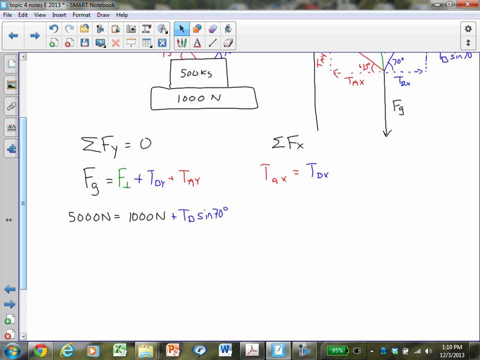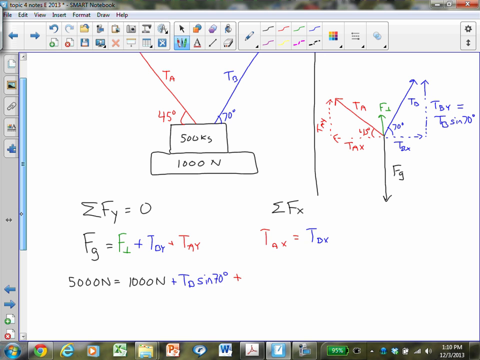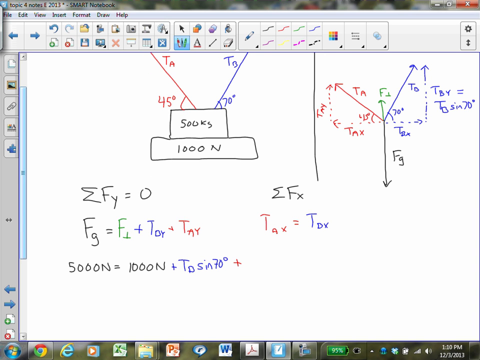Plus, how is TAY in terms of TA? TA sine 45 degrees. How about TAX? TA cosine 45 degrees equals TB.